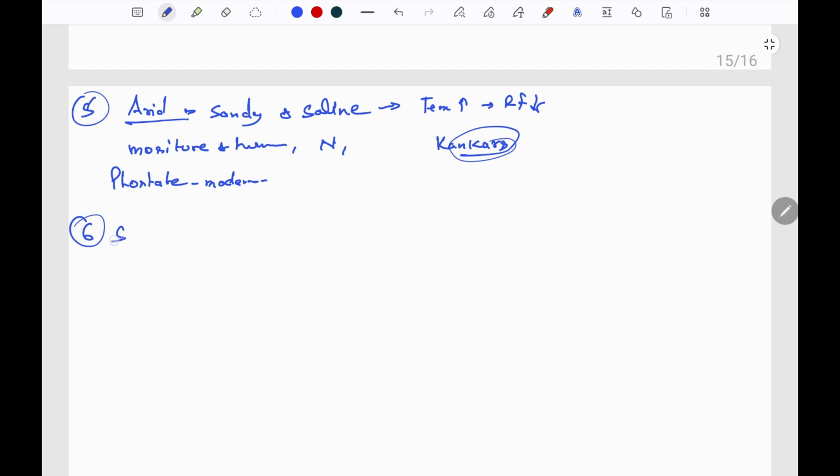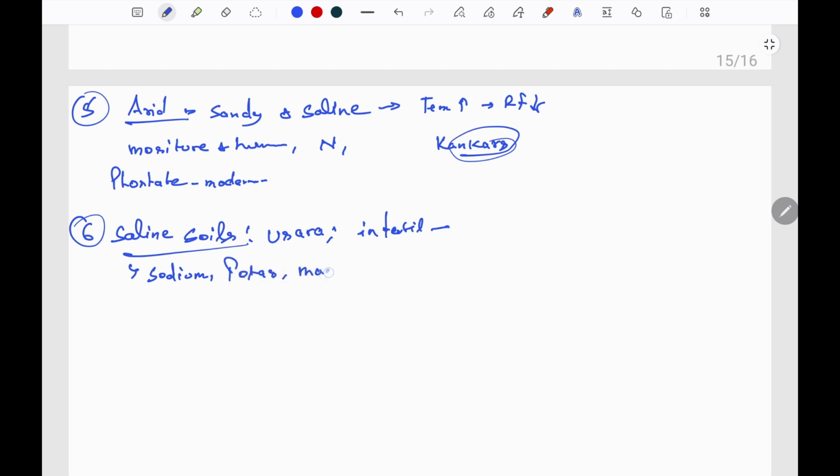Next comes the saline soils, that is Usar. That is, they are not so fertile or infertile. It contains sodium, potassium, magnesium.